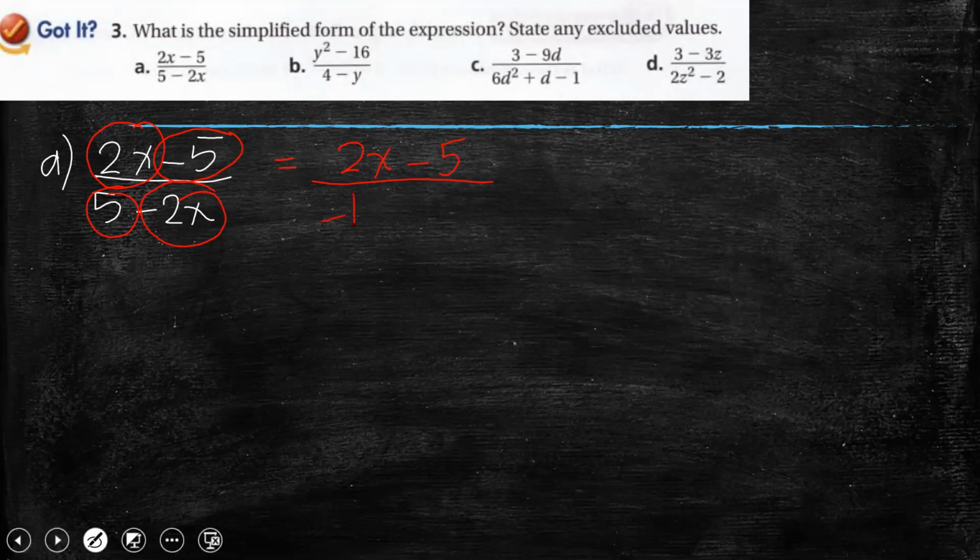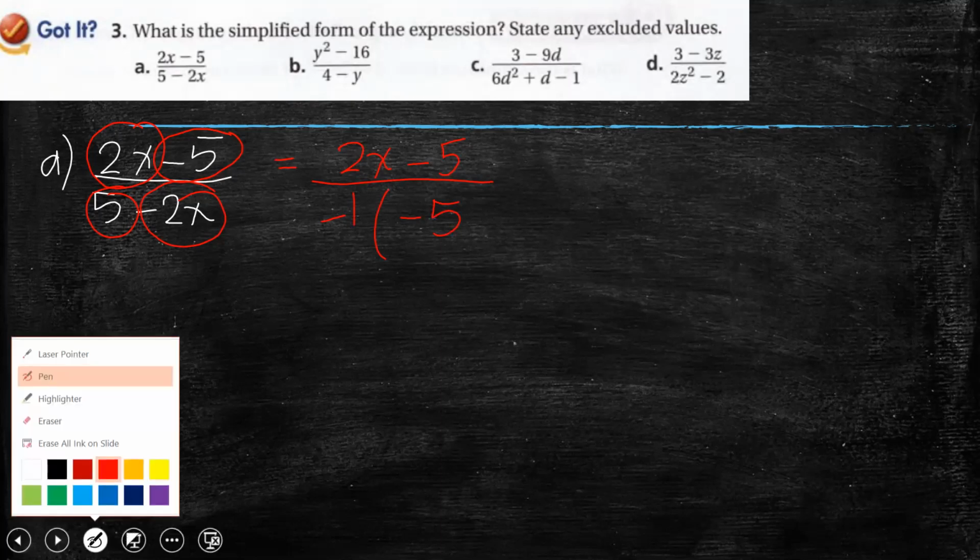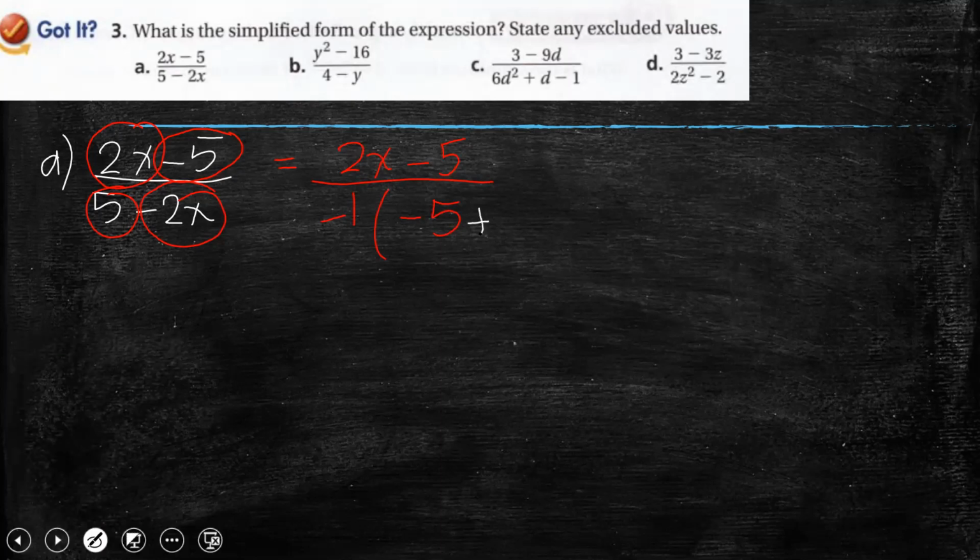Take a negative 1 as a common factor, then change the sign. What does it mean? What is the sign of 5 here? It's positive 5, but we make it negative 5. And what is the sign of negative 2x? It's negative, so make it positive.